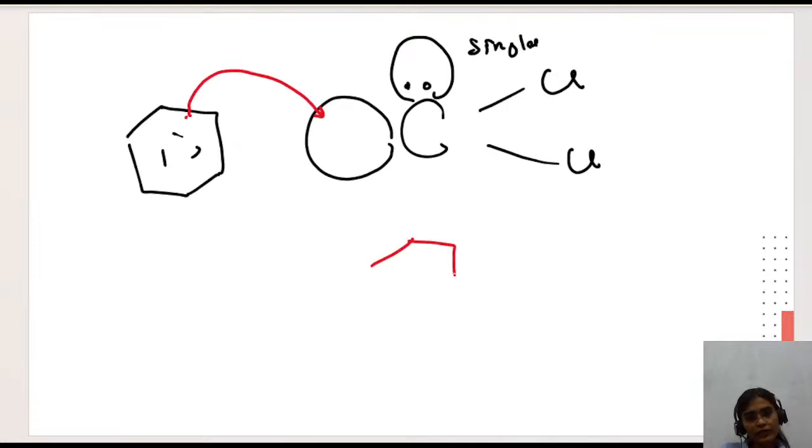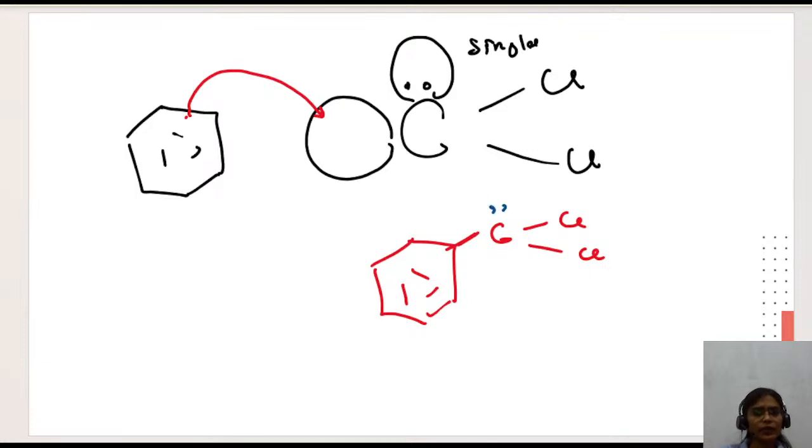So when it's connected here, look at this. It's a carbon combined with this benzene ring. So this is chlorine and this is chlorine, and there are two extra electrons as well. Let's count the total number of electrons, Lakshmi. One, two, 3, 4, 5, 6, 7, and 8. Right? 8 electrons are there.